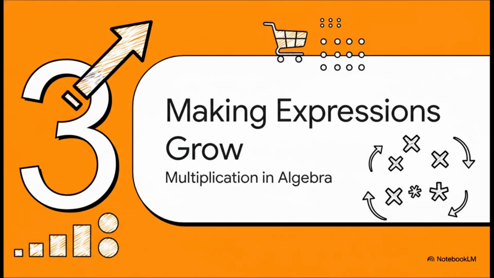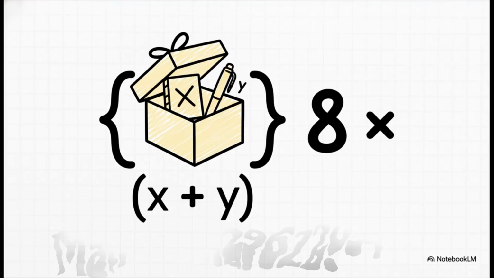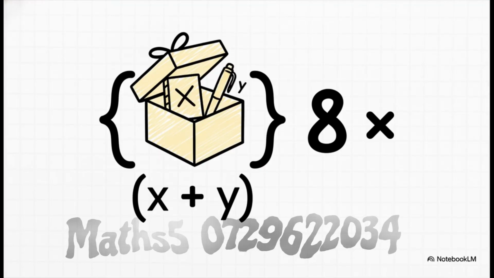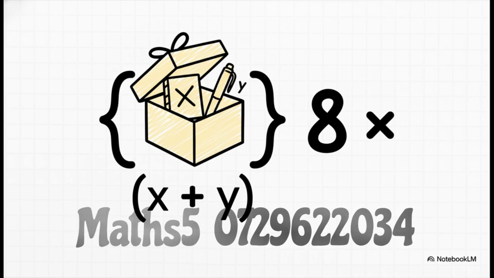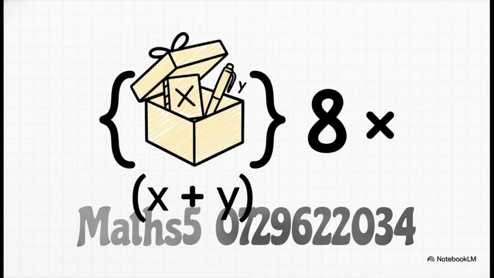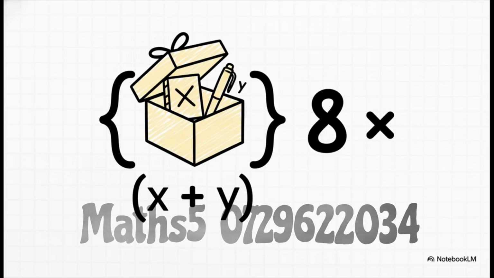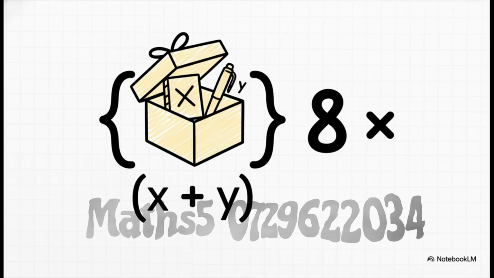Okay, so now we know how to write a sentence for one shopping trip. But what happens when you need to scale things up? Well, this is where multiplication really starts to shine. So, picture this. You're making gift parcels. Each parcel has some unknown number of books, let's call it X, and an unknown number of pens, Y. So one parcel is X plus Y. But what if you need to make 8 of them?